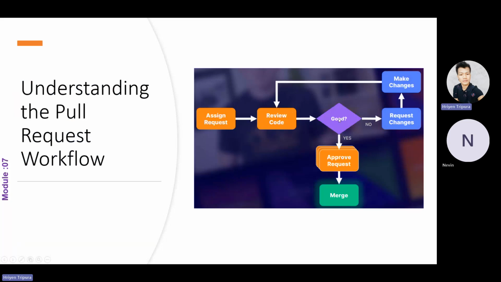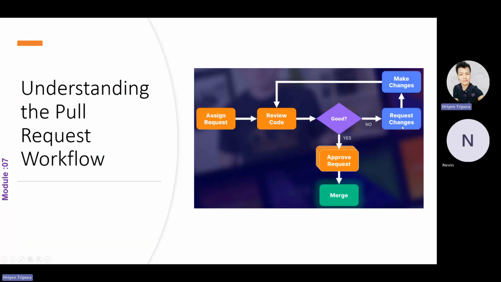Once they feel your code is good and meets the requirement, they will approve the request. Once approval is done, they will merge it. If it is not good, then the request will be marked as request changes.